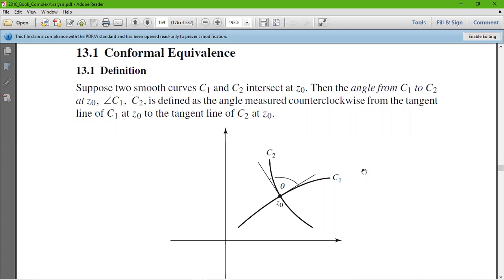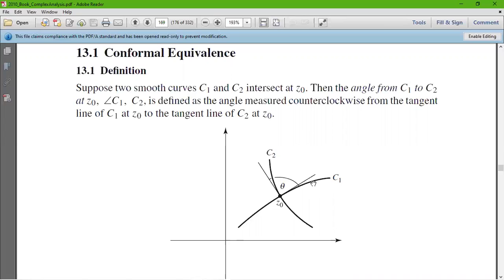Suppose two smooth curves C1 and C2 intersect at Z0. Then the angle from C1 to C2 at Z0 is defined as the angle measured counterclockwise from the tangent line of C1 at Z0 to the tangent line of C2 at Z0.